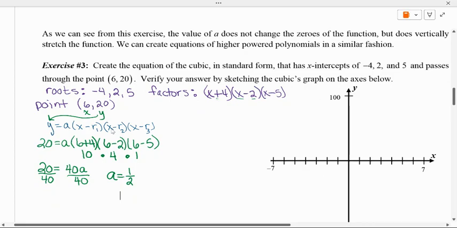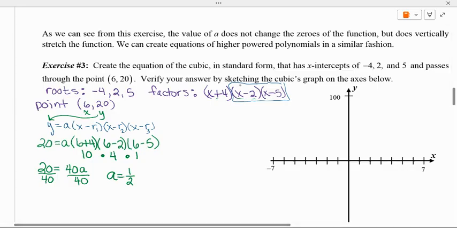But we still have to put this in standard form to figure out some things about our y-intercept and stuff. So can we FOIL the first two and then do a 2 by 3 box for the last one? Just say yes. So I'm going to take the last two factors and use FOIL.